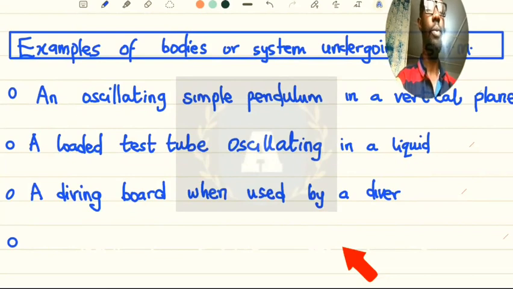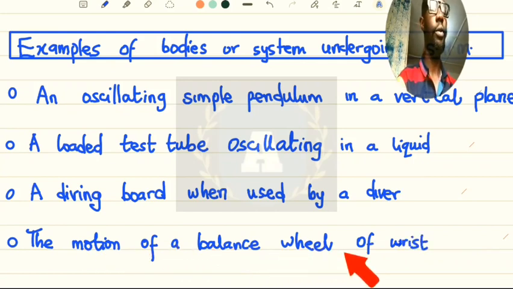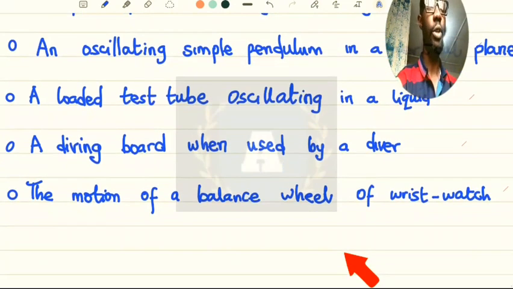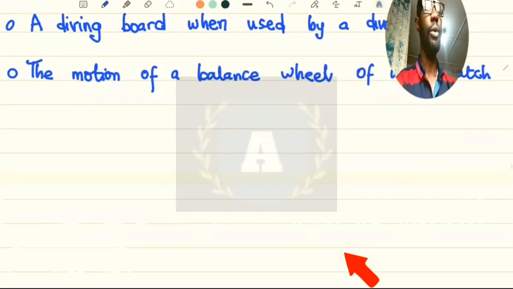Another example of a system which undergoes simple harmonic motion is the motion of the wheel of a wristwatch. The motion of the wheel of a wristwatch also exhibits simple harmonic motion. So those are examples of systems undergoing simple harmonic motion.